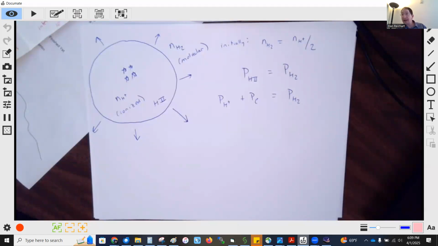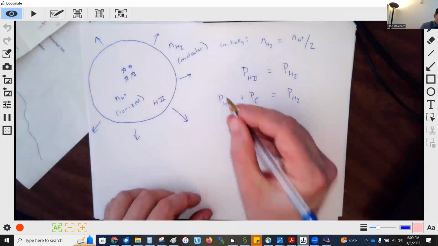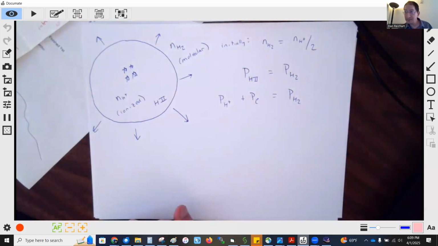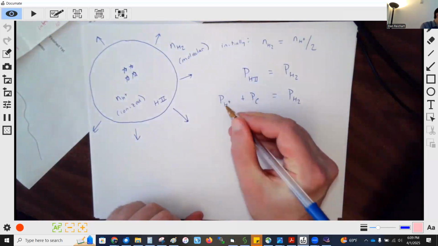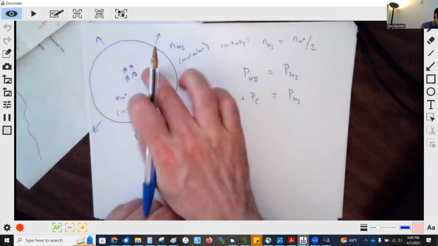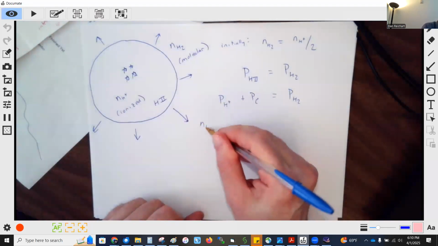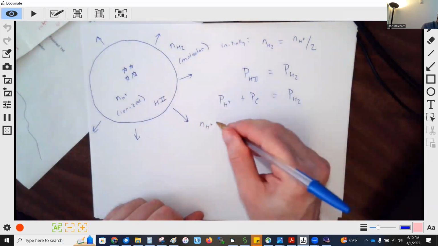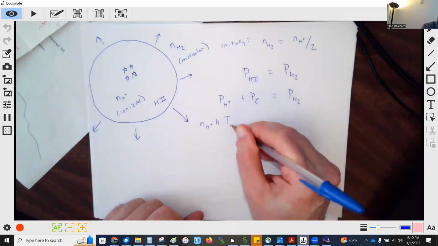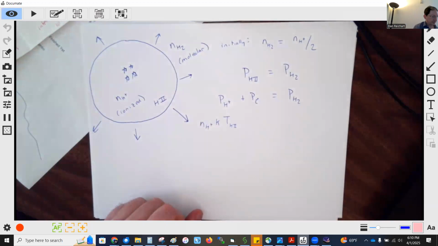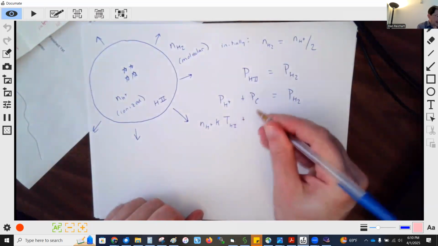Now we use the ideal gas equation. You came across it in high school chemistry. If you took chemistry in college, you saw it. Pressure is nkT: pressure is number density times Boltzmann's constant times the temperature. So the pressure of the ionized protons in here is equal to the density of the ionized protons times Boltzmann's constant times the temperature of the inside region, plus that of the electrons.